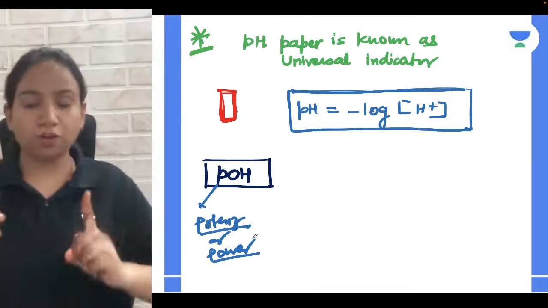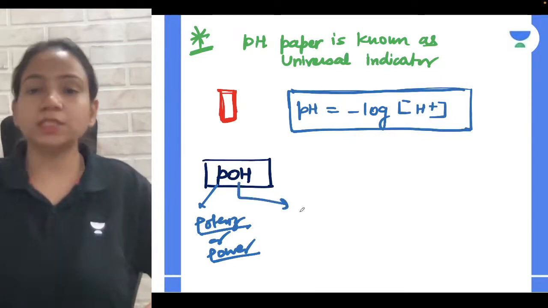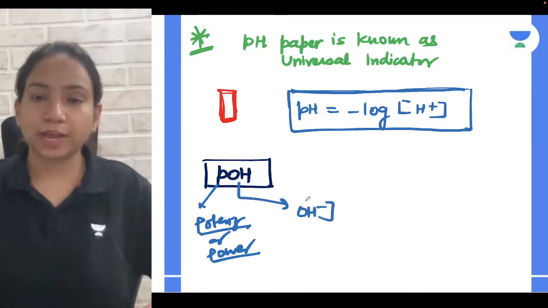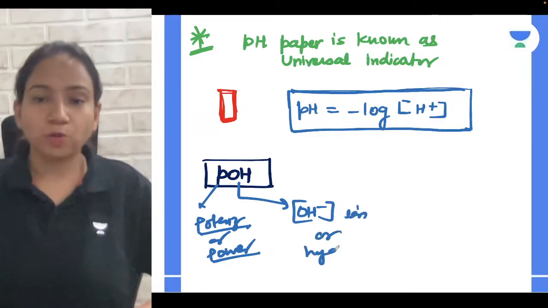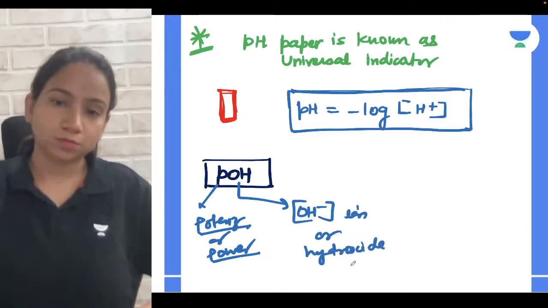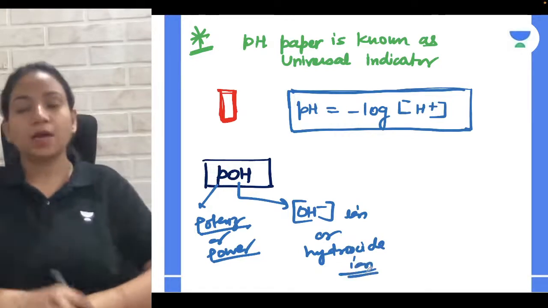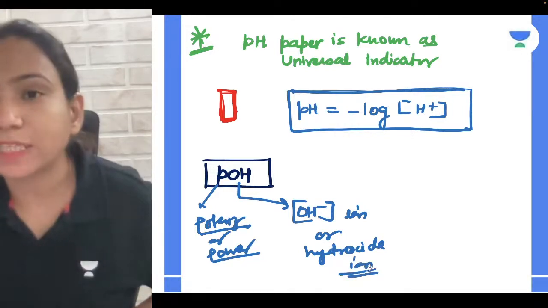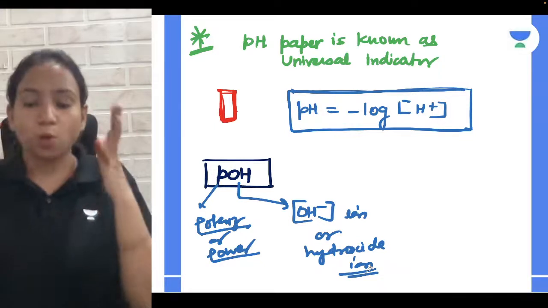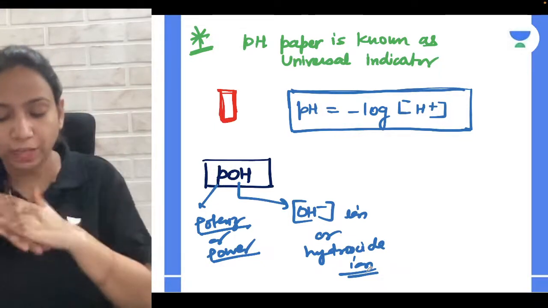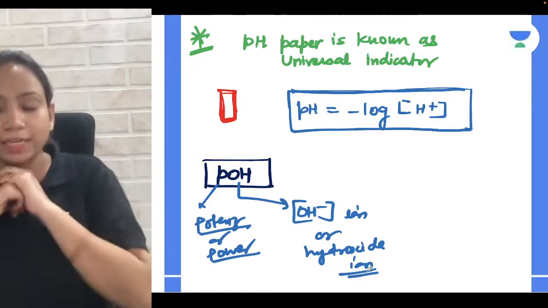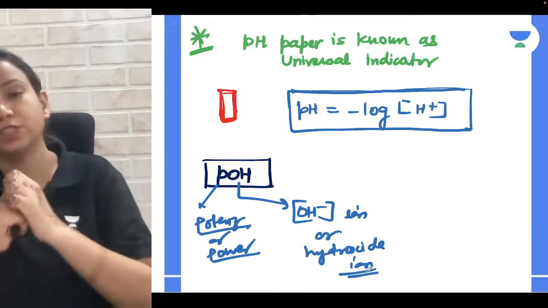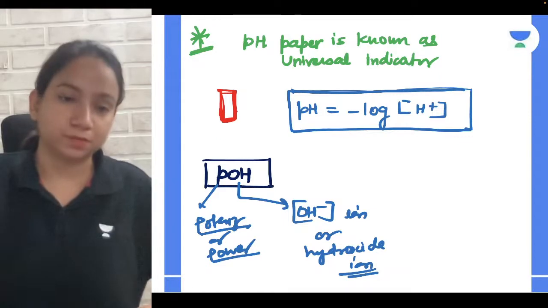P stands for power or potence, while OH is the hydroxide ion, which is found in bases. In base, which ion is found? OH minus ion. Bases give OH minus ion in the solution. Very good, Parivartan. So it gives a measure of the hydroxide ion concentration.